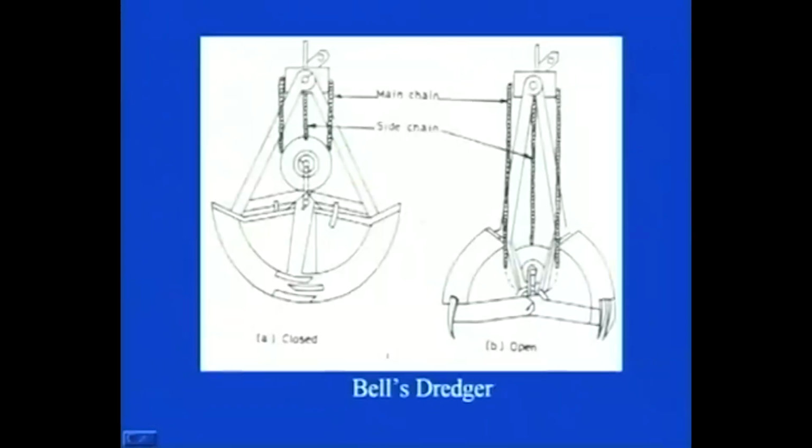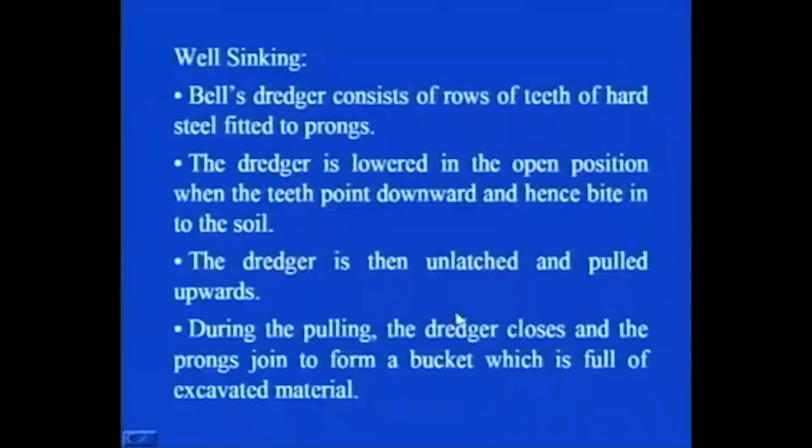You can see this is being lowered in open position. You can see the teeth over here. So, it goes into the soil and bites the soil. The dredger is then unlashed and pulled upwards. What happens during the pulling? The dredger closes and the prongs join to form a bucket which is full of excavated material.